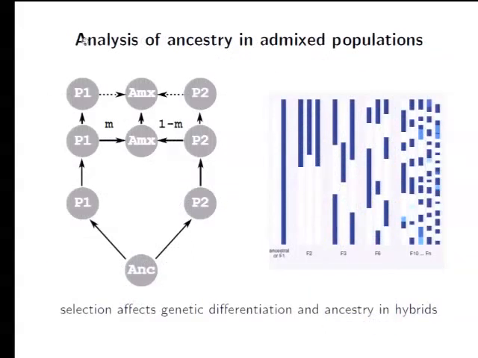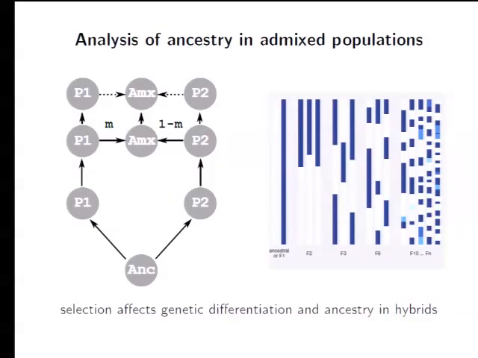So the first point I want to make here is that in order to understand how we're going to make these predictions about the genetic makeup of these hybrid populations, I want to talk a little bit more about quantifying ancestry in admixed populations and what selection and drift do to genetic variation and ancestry in hybrids.